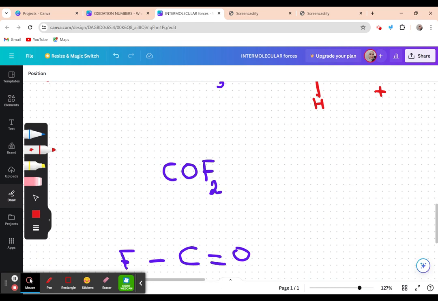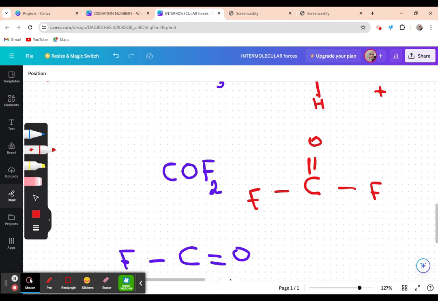This one, COF2. Carbon in the middle, one oxygen and two F. Since carbon must have 4 bonds surrounding it, and we cannot do the extra bond with F because F can make only one bond, it has 7 electrons, so the double bond will be with oxygen here.